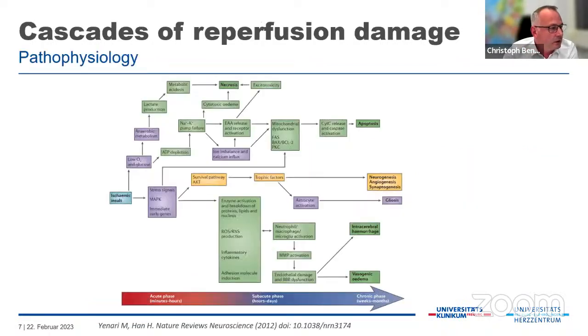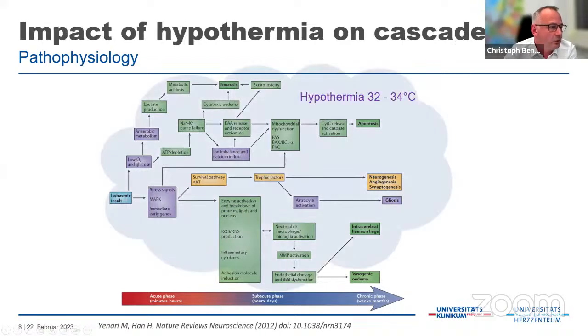If we look at the cascades of the reperfusion damage, you see the pathophysiology, there are many cascades triggering the reperfusion damage. And what we know is that if we use hypothermia, it directly reduces or prevents cell damage and, of course, the cell death.